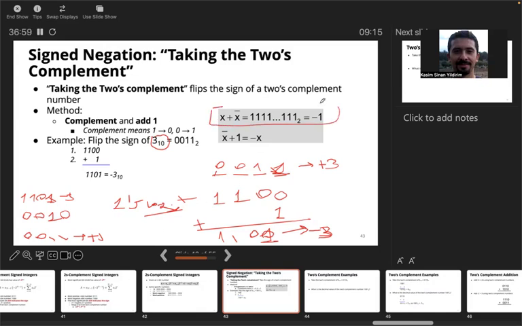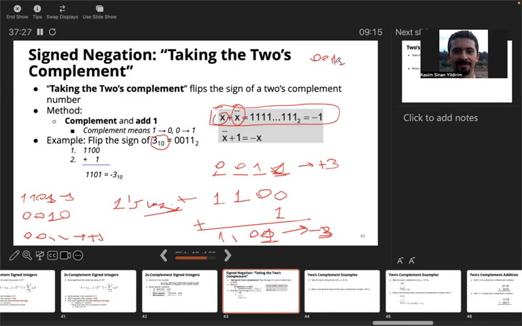Why does this work? This is the explanation. If I have a number and I take its one's complement, I obtain a number which is full of ones, right? Like this is my 3, 0, 0, 1, 1, 1 is 3.